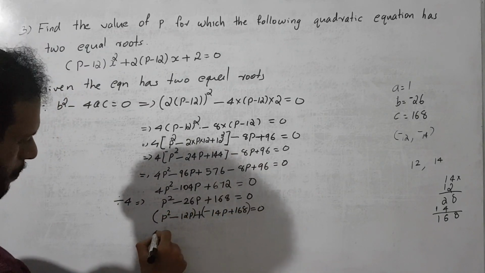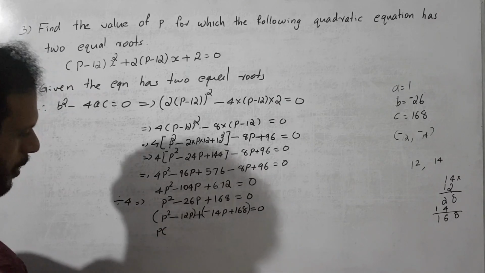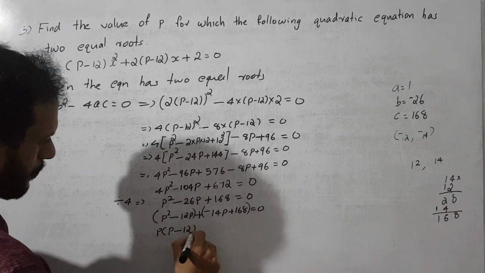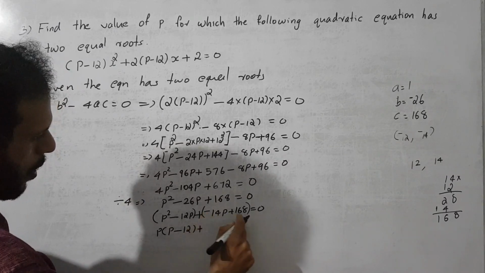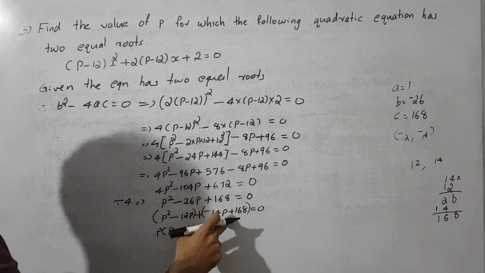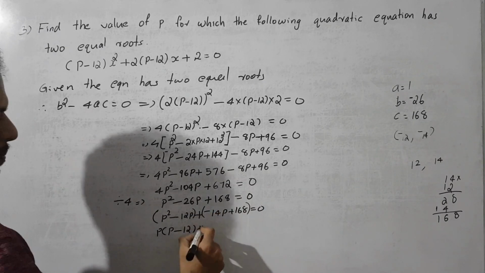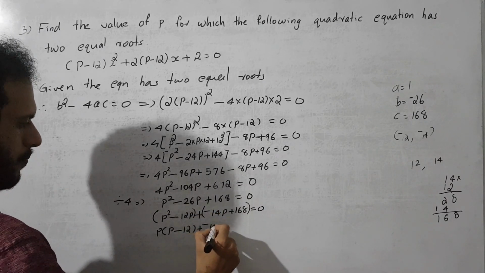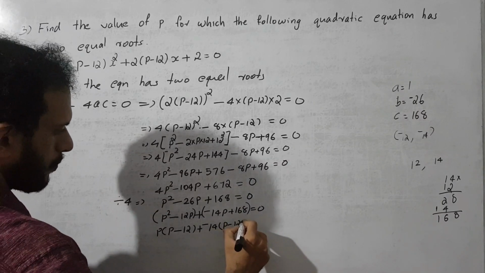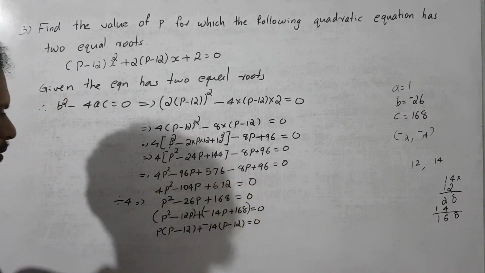Then what is common here? p is common. Then p minus 12, plus what is common here? The first number sign is negative, second number sign is positive, so we take minus 14 out. Then what is remaining? p minus 12 is equal to 0.